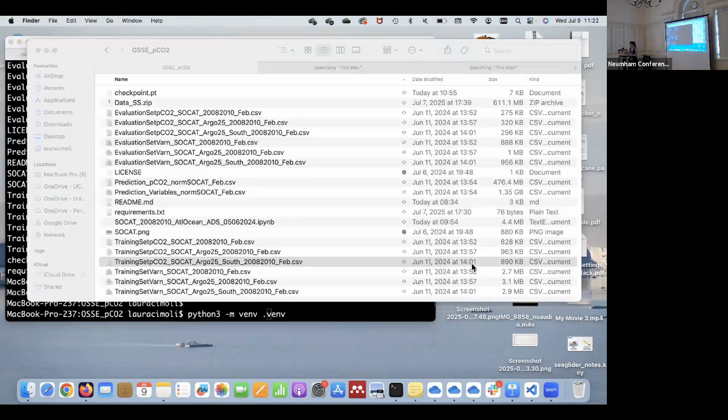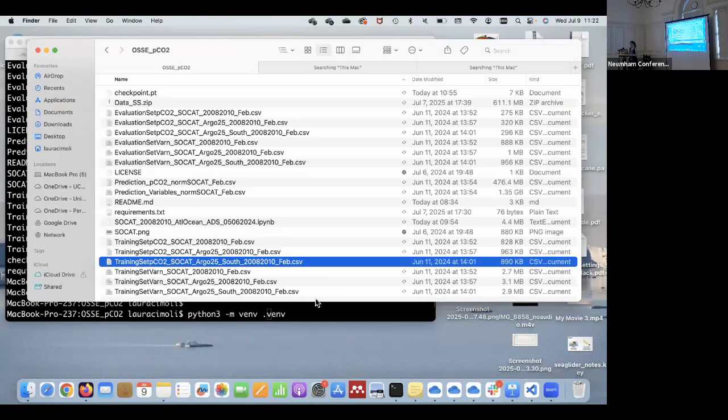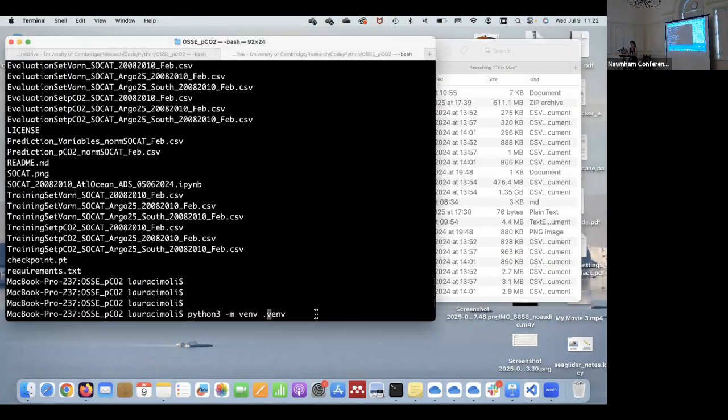The data should be about 500 megabytes, so hopefully it should not take long. Yeah, it might take a minute.